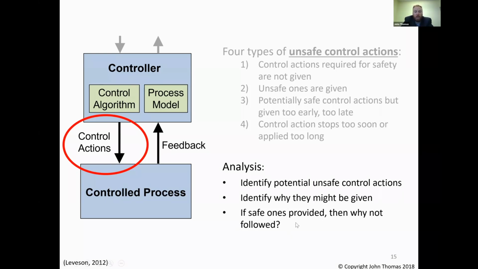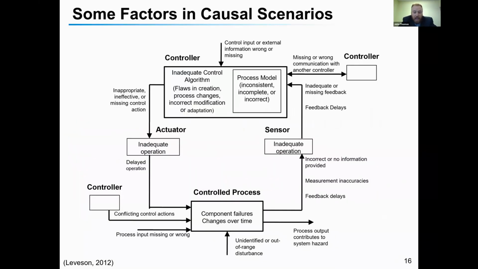And then we look at what if a control action was not unsafe, what else is left? The control action was just fine, but it wasn't followed or it wasn't executed adequately. Later on, you'll see this, but we're just not going to start here. It's too detailed to start here, but we are going to look at these different factors in building our scenarios.